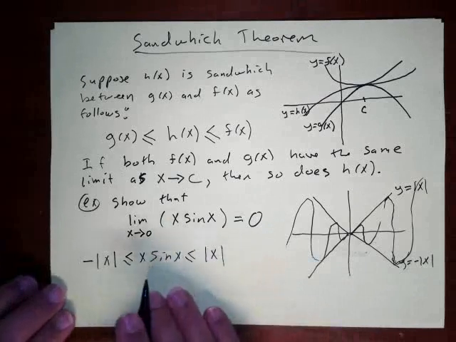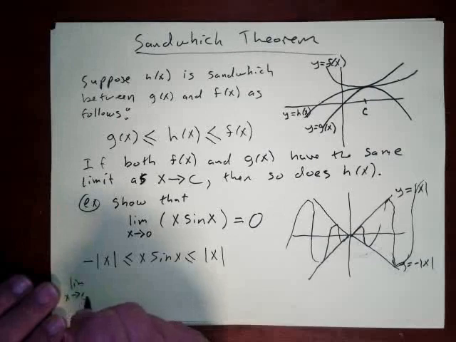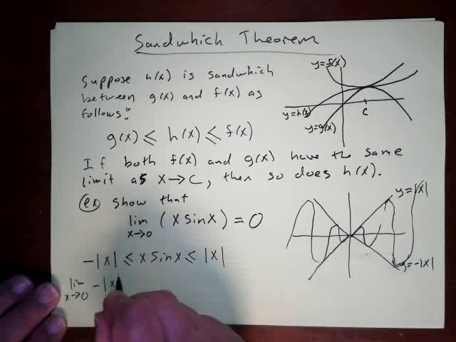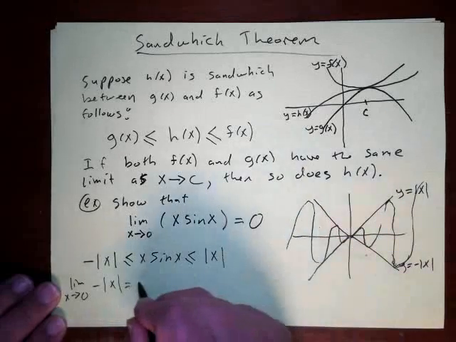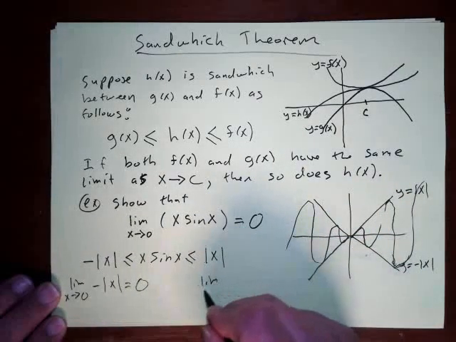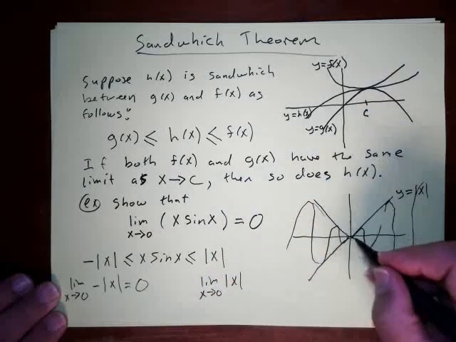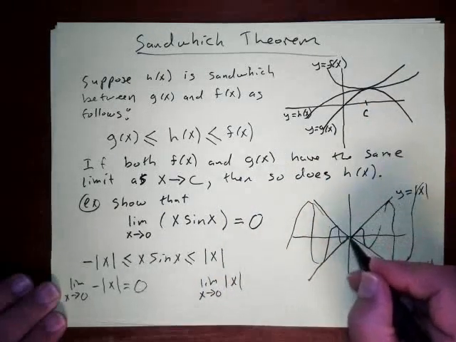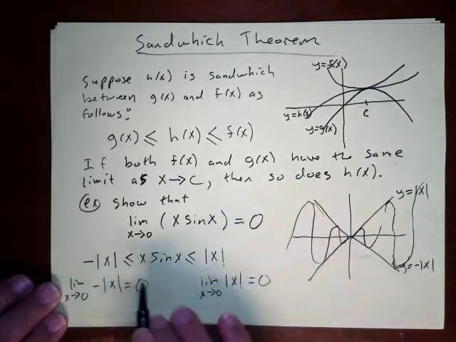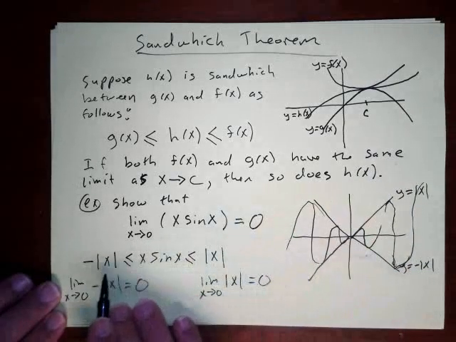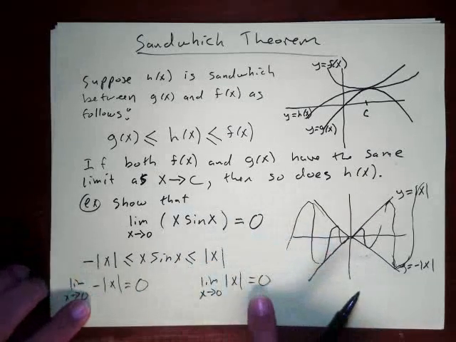Then what you notice is that the limit as x approaches 0 of the opposite of the absolute value of x is 0, and the limit as x approaches 0 of just the absolute value of x is also 0. So x sine of x is sandwiched between these two functions, and both of them have the same limit of 0.